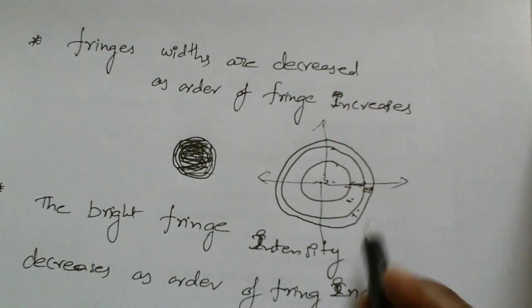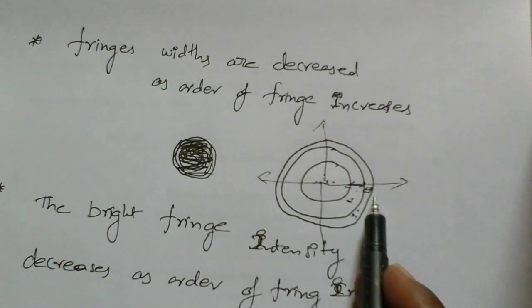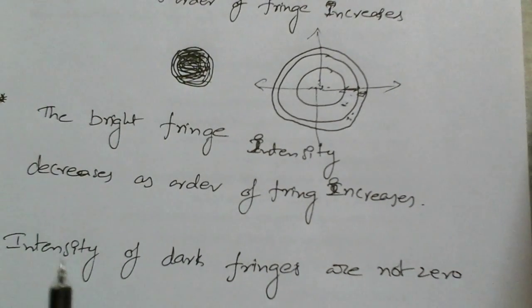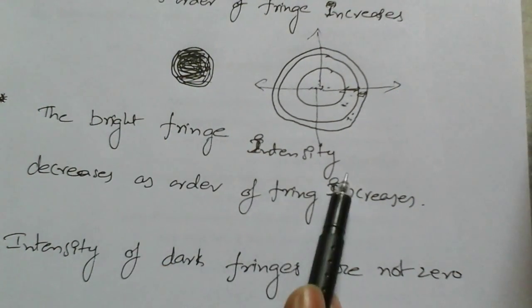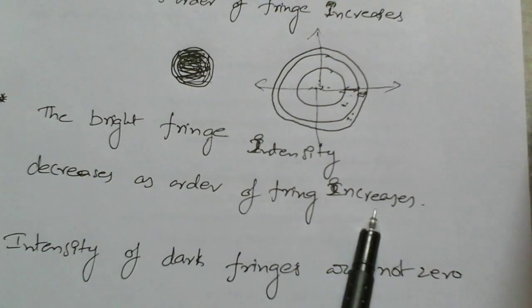You can observe the fringe width decreases, and the bright fringe intensity decreases as the order of fringe increases.